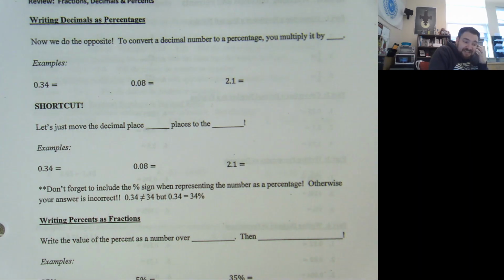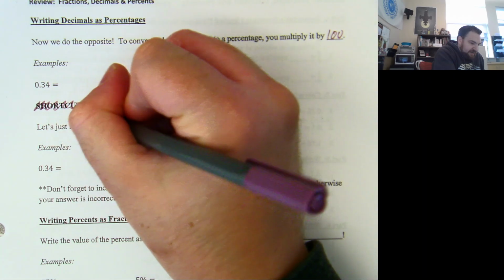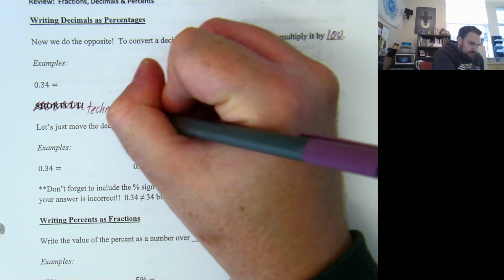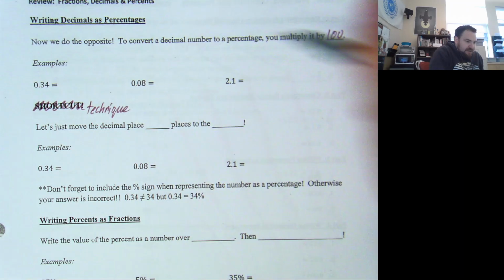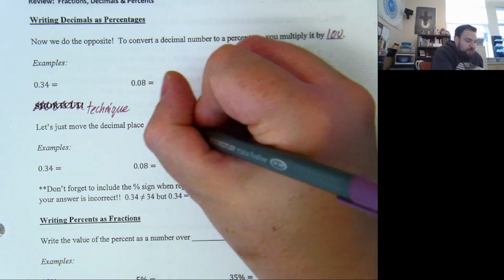Decimals as percentages is easy too. It's not difficult. It's just going the other way. To convert a decimal number to a percentage, you multiply by 100. And I'm going to go straight to the shortcut, which isn't a shortcut, it's a technique. Because multiplying by 100 is the same as moving the decimal 2 places which way?